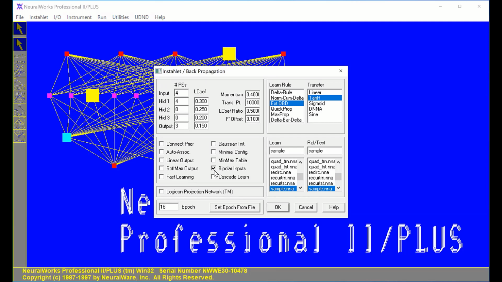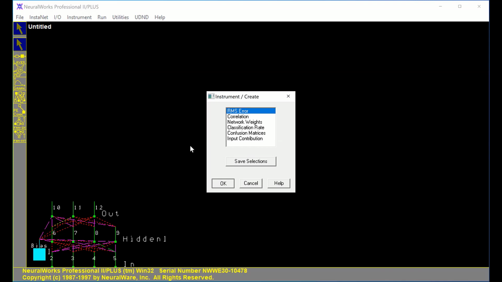Well, I was wrong. There's no checkbox for the bias. It just automatically goes in. An older version used to have that. We're going to do the delta rule, sigmoid. There's the training data, the testing data. Set epoch from file. Say OK, unless there's something we want to look at.